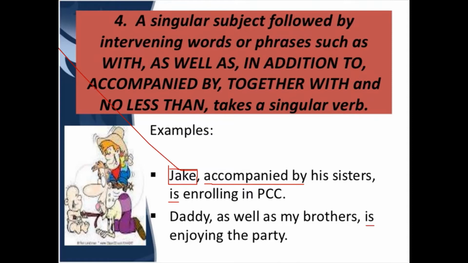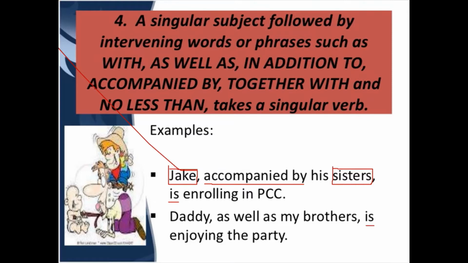The verb always agrees with the main subject and it doesn't agree with the noun, which is sisters, preceded by the intervening words. Always remember, the verb always agrees with the main subject and not the noun preceded by the intervening words. Same with example number 2.